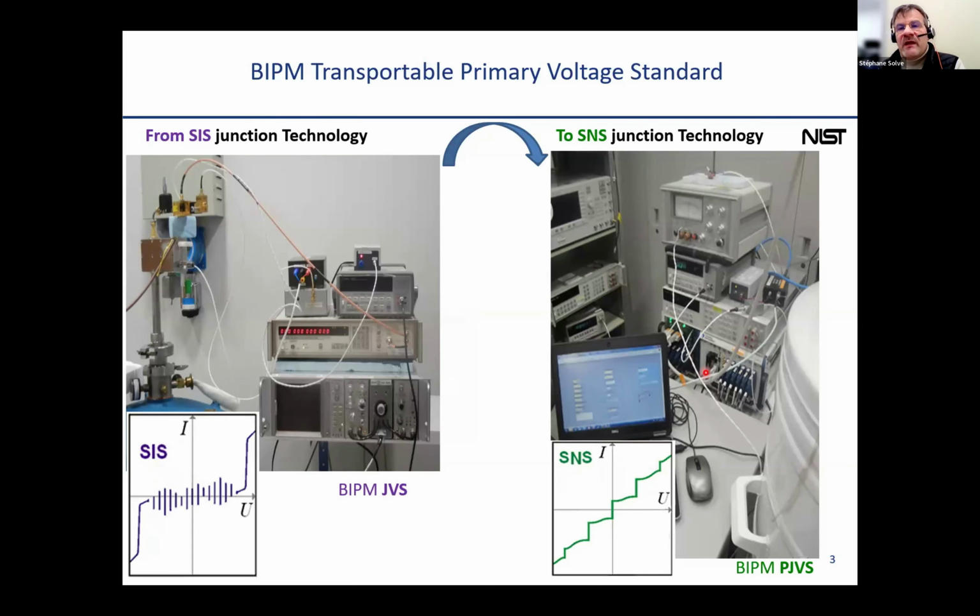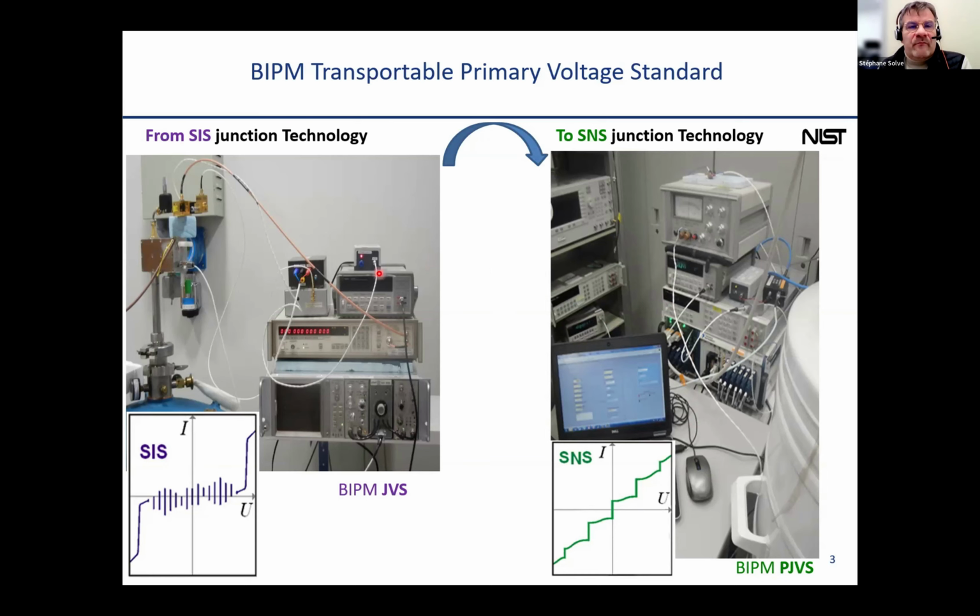The system is a compact version of the liquid helium NIST system, for which you have the rack here. The nice thing about this system is that the RF source that we use is a compact synthesizer, which is inserted into the rack of the DC bias that you can see in the picture here. We have not carried out any official comparison so far with this system, but it's ready to be shipped to any participants that would like to participate in the future.